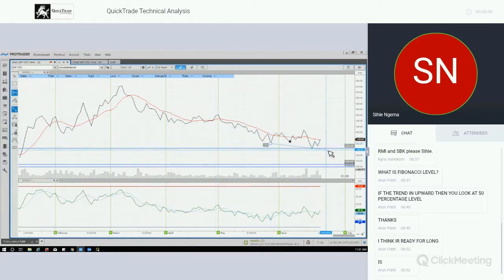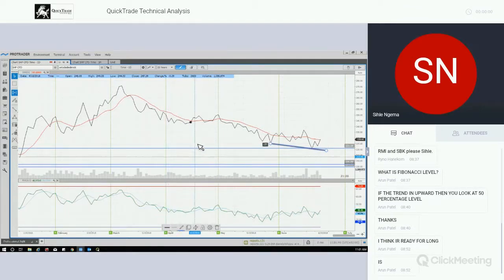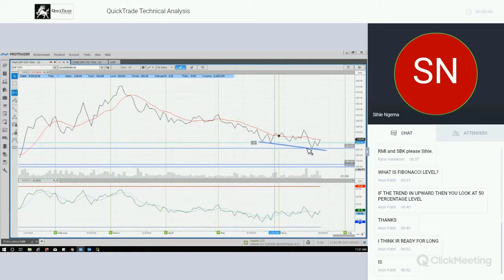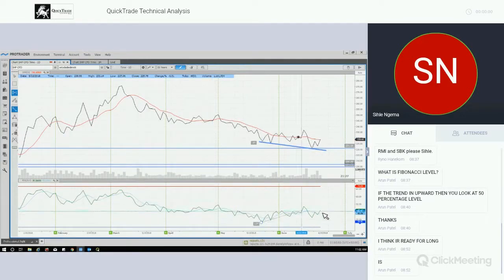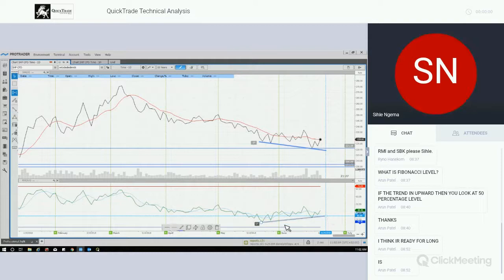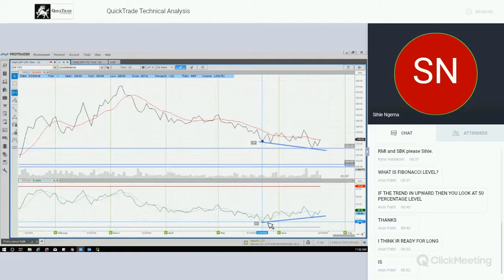So we are going to start drawing our line here. This is our line. The price has been declining on ShopRite until it got to that 221, 220 area. And let's look at our RSI. From this point, it started rising, going against the price of ShopRite.